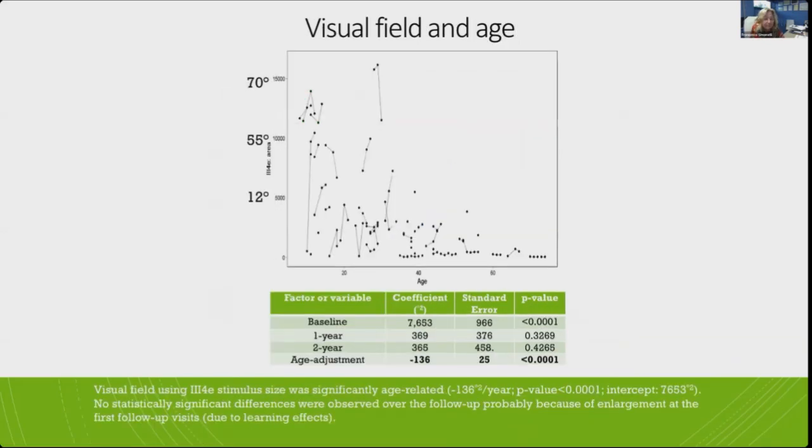Visual field using III4e stimulus size was significantly age-related too, but no statistically significant differences were observed over the follow-up, probably because of enlargement at the first follow-up visit due to learning effects.